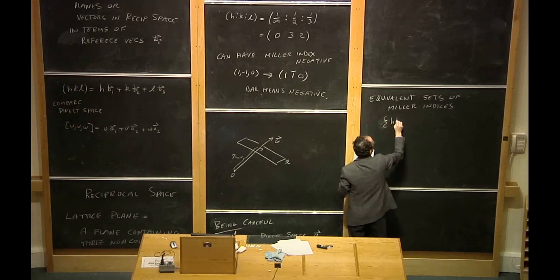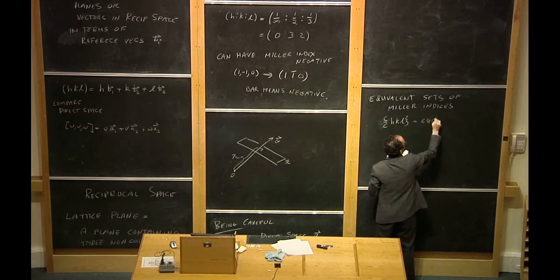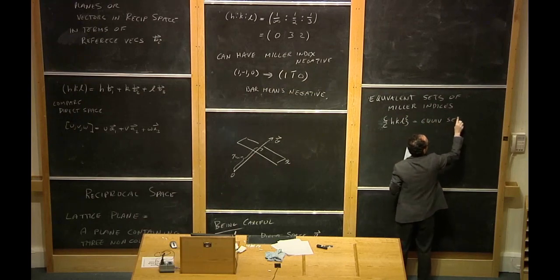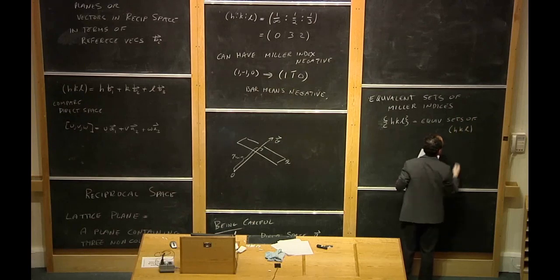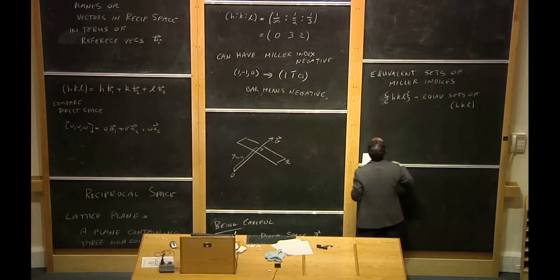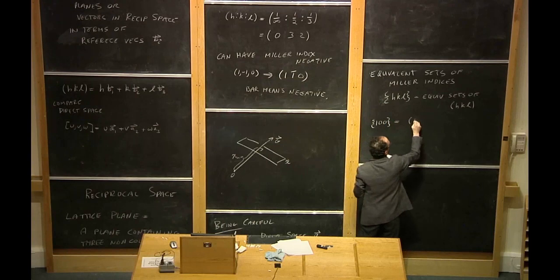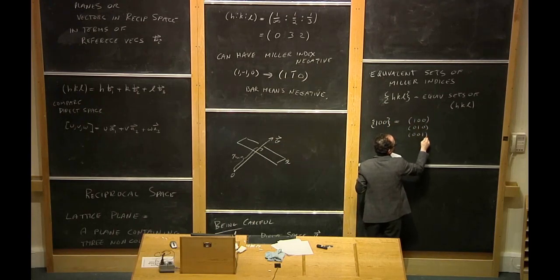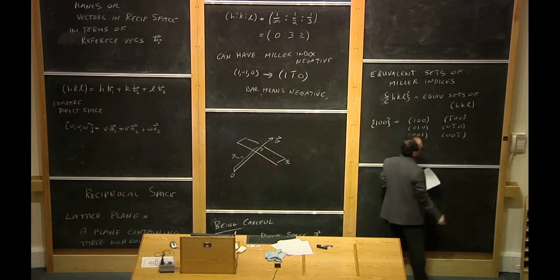Like that, {HKL}, which means equivalent sets of (HKL) in regular parentheses. So for example, in this picture, {1, 0, 0} would mean (1, 0, 0) or (0, 1, 0) or (0, 0, 1) or (1 bar, 0, 0) or (0, 1 bar, 0) or (0, 0, 1 bar).